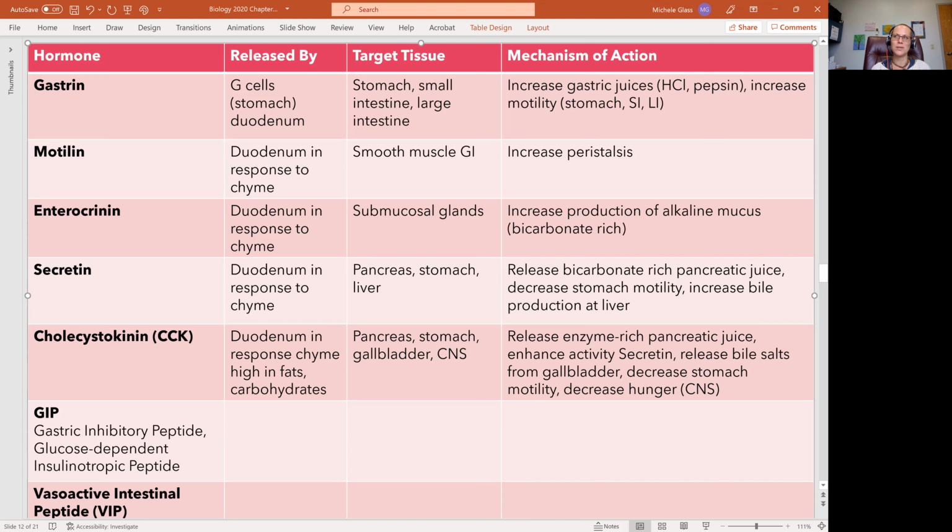So remember, this is a hormone, which means the material has to go from the mouth to the pharynx, to the esophagus, to the stomach, squirt into the duodenum. The duodenum has to detect that it's a meal high in lipids and carbohydrates, then release CCK, and the CCK then has to move into the bloodstream until it gets to these cells of the CNS that we interpret as, oh, I'm feeling full.